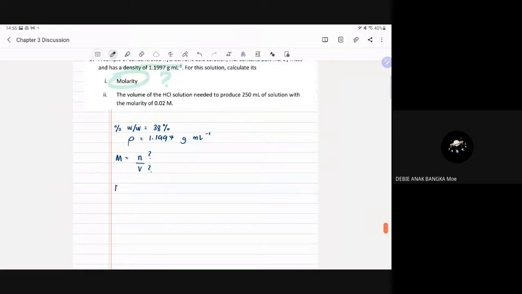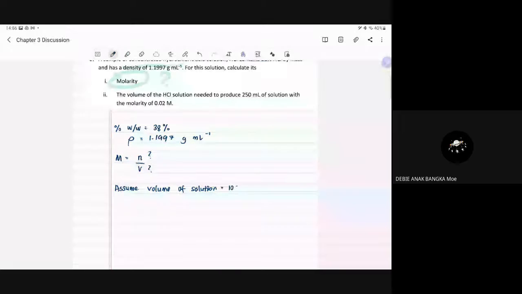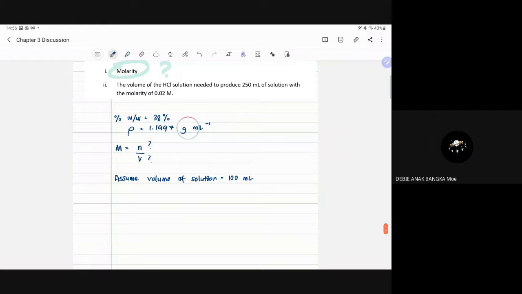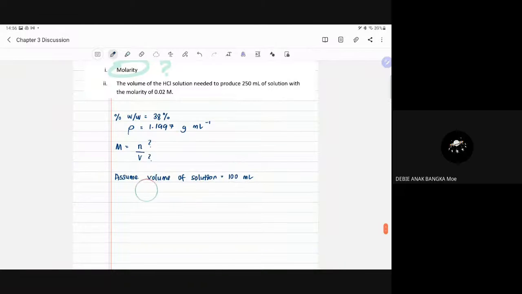So assume volume of solution equals to 100 ml. Kenapa ml? Sebab density dia bagi tahu dalam bentuk ml. So density of solution, daripada density tu kita boleh cari dia punya mass lah.